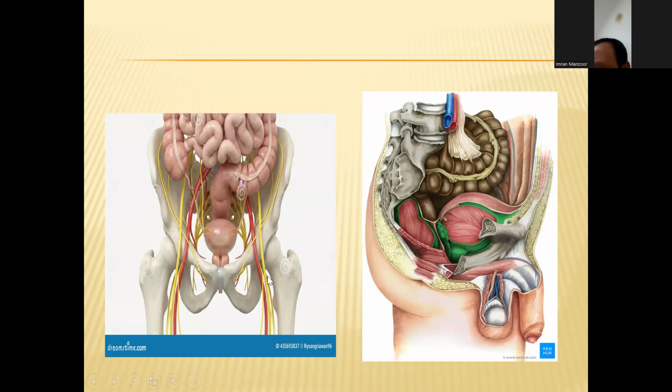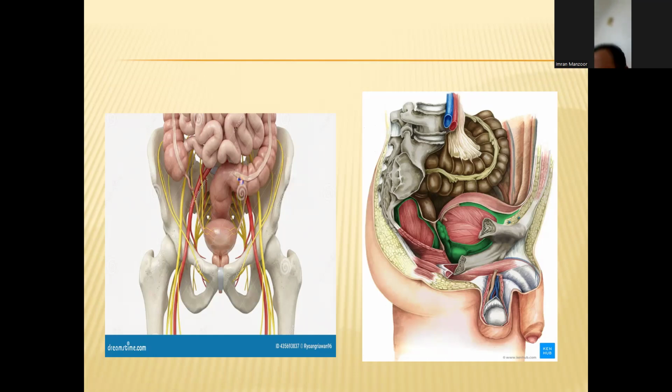The internal iliac artery profusely supplies blood to the pelvic organs, and the external iliac artery continues into the femoral artery. In the same way, the venous system runs from down to upward.